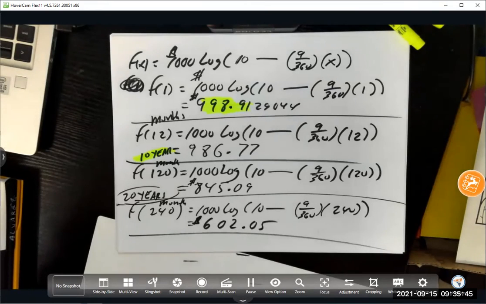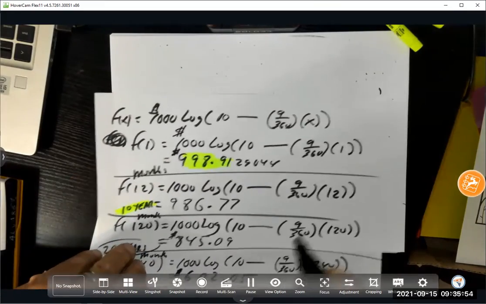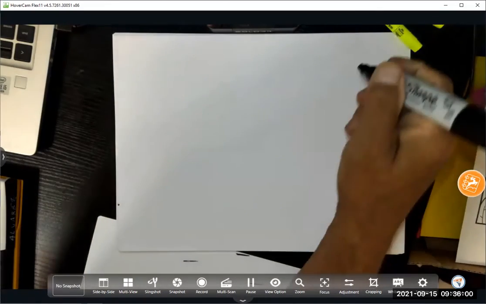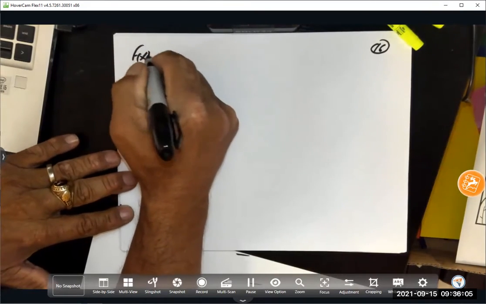Let's go. What number is this? 15? All right. 16. So now I'm going to write the same formula again.